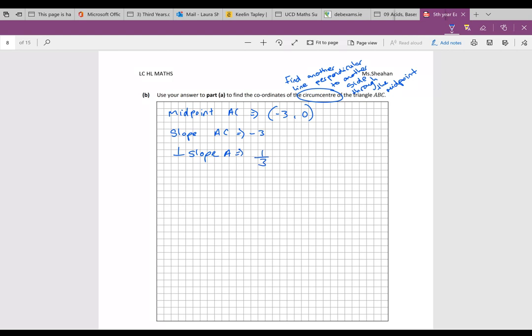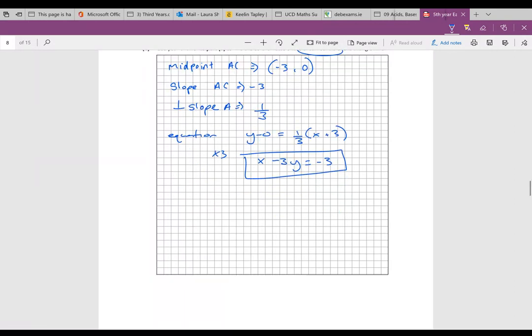The equation: y minus 0 is equal to 1/3 (x minus 3). Rearranging that, again, multiply by 3 here. We should get x minus 3y is equal to minus 3.